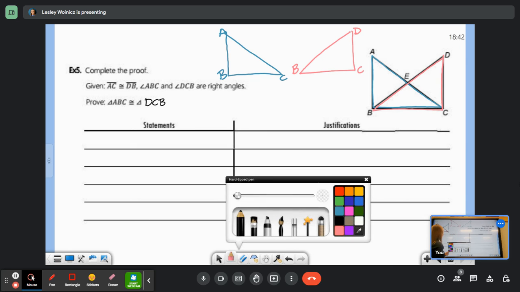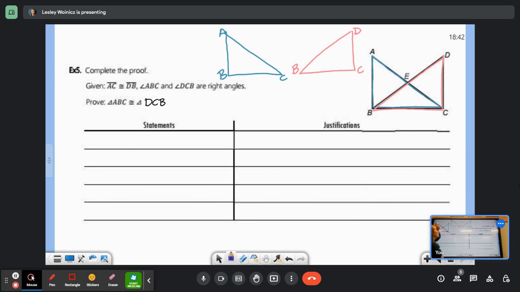Well, what are they giving us? They're telling us that AC is congruent to DB.